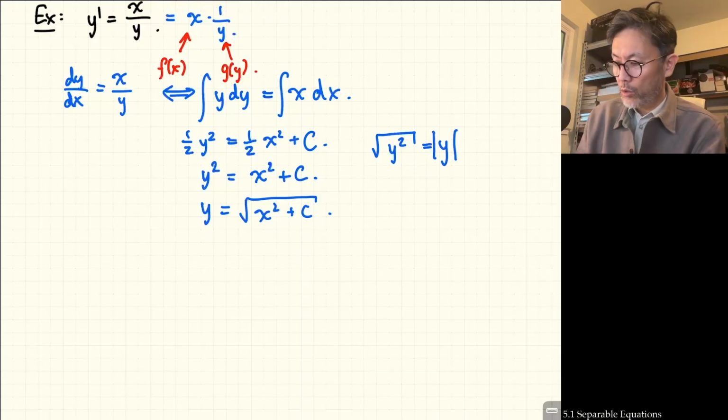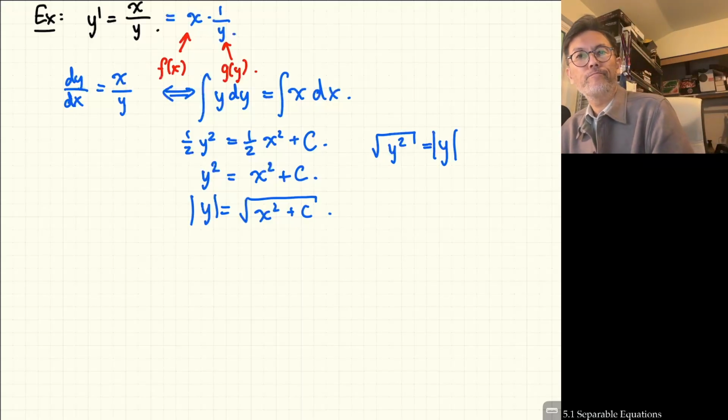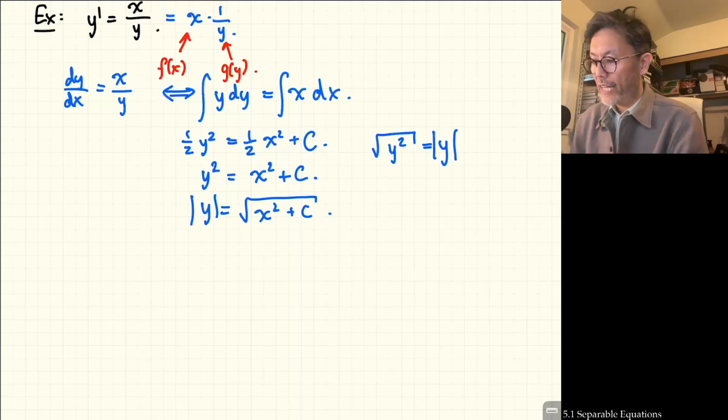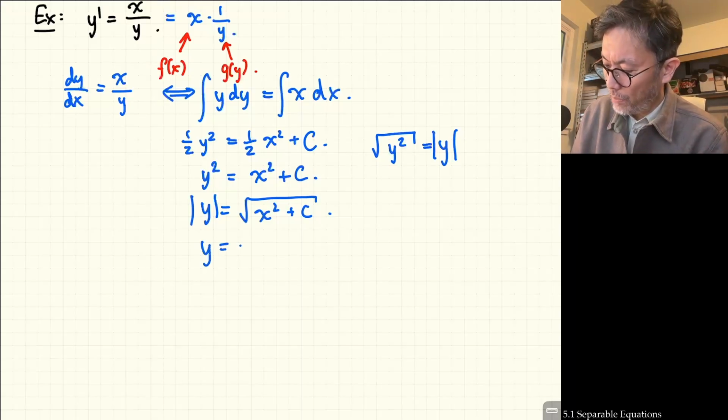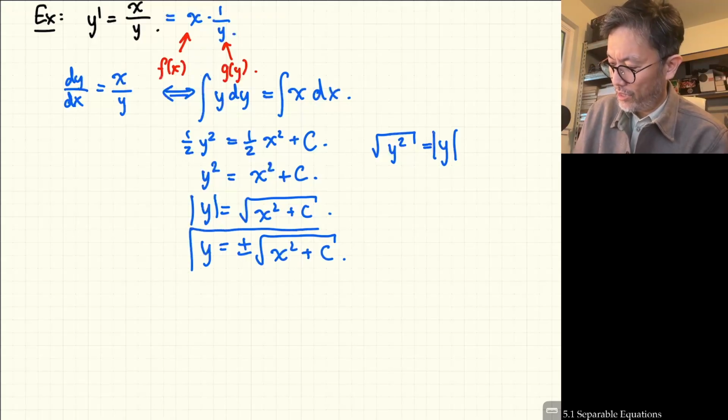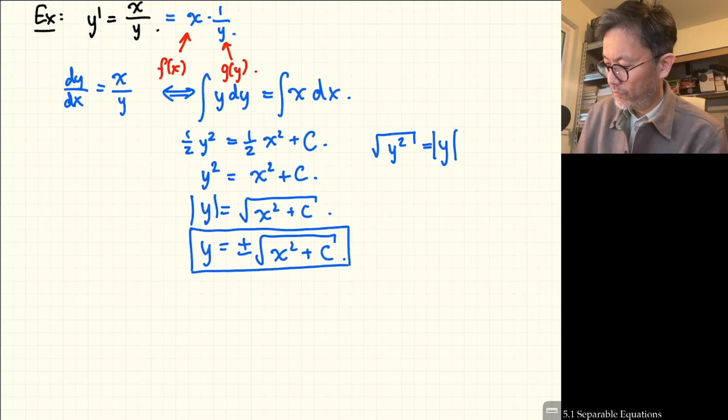And so in particular, when we took the square root of both sides of this equation in our problem, we needed this. Now, how can the absolute value of y be equal to a thing? That's if y is equal to plus or minus the thing. And here is the general solution. Okay.